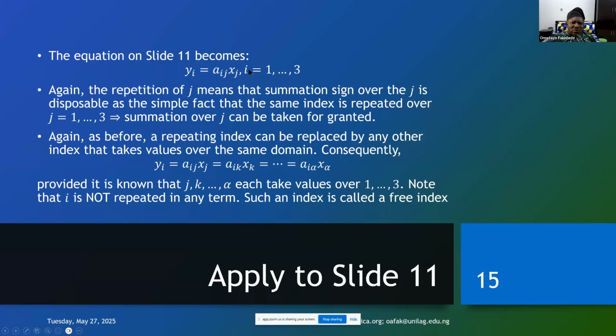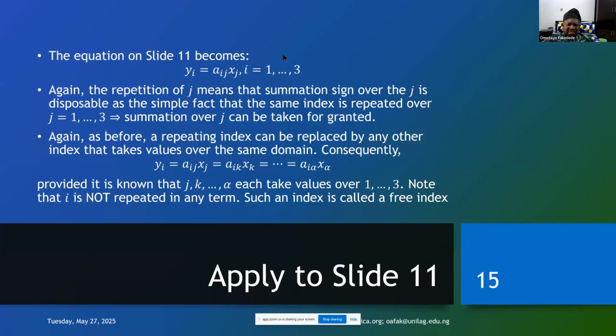But one other thing I want you to see in this equation is the fact that the other index that is not repeated in each term, that is i here, shows you how many equations you have. So when i is 1, that is one equation. When i is 2, that's another equation, and i is 3 will be another equation. So you can see here the dummy indices indicate summation.